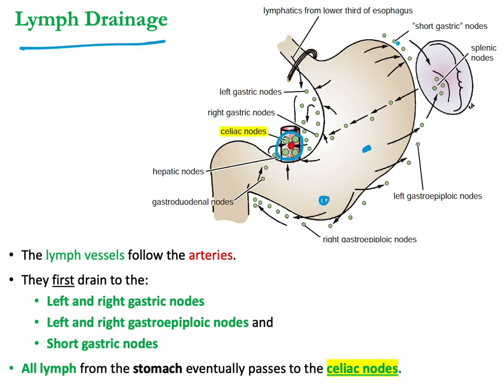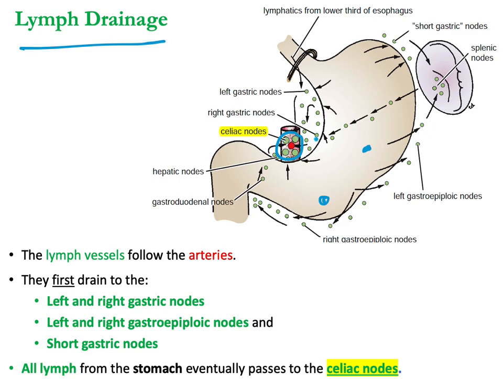We know the names of the different arteries: short gastric artery, right gastric artery, left gastric artery, left gastroepiploic, right gastroepiploic, gastroduodenal, and ultimately they are branches of the celiac trunk.